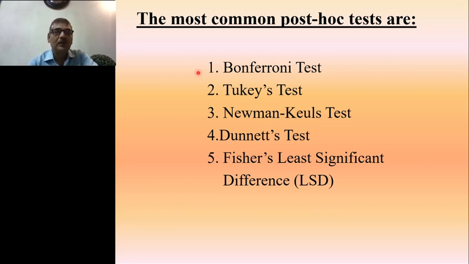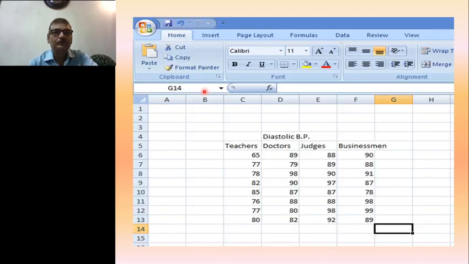These are inbuilt in single factor ANOVA analysis, and when significant difference exists among the mean values, then the program asks which one of these tests you would like to apply. So you can go for any one of these and you will get the result. Generally, we biologists use Bonferroni or Tukey's test for such analysis, and these are very common analysis tools available for multiple comparison tests.